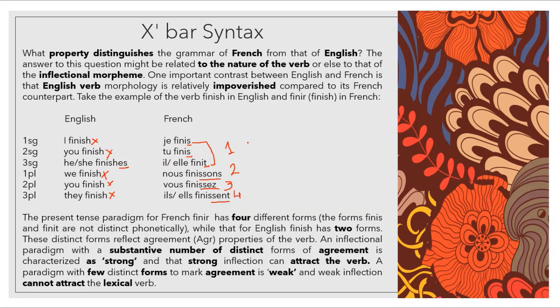So عندنا 4 forms نتاع الverb بالمقارنة مع هنايا عندنا just 2 forms. So هذه تعتبر rich وهذه كتعتبر pauvre. Okay?